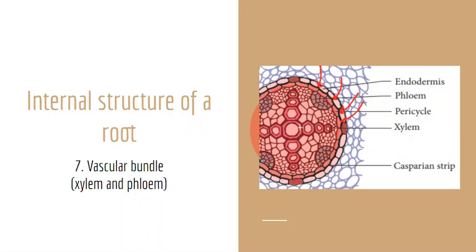Between the phloem and xylem is occupied with the cambium. The xylem is in charge of transportation of water and mineral salts, and phloem transports dissolved food substances such as sugar from the leaf to the rest of the plant.